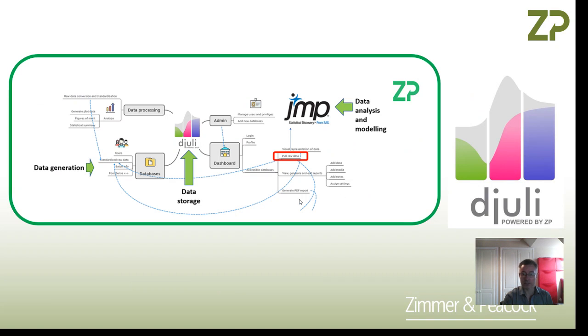I just want to comment that at Zimmer and Peacock, we have almost a workflow where we have laboratories in which scientists are generating data and uploading it to a cloud database. There's somebody who maintains an online database which can do analysis.